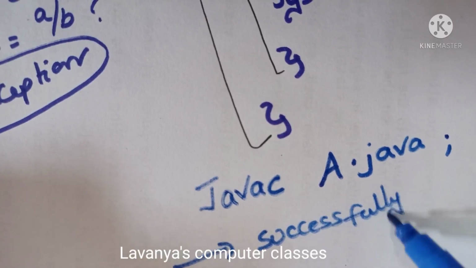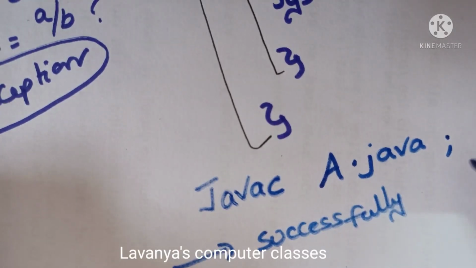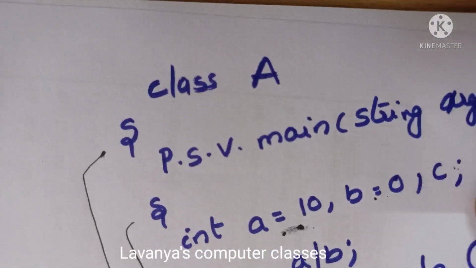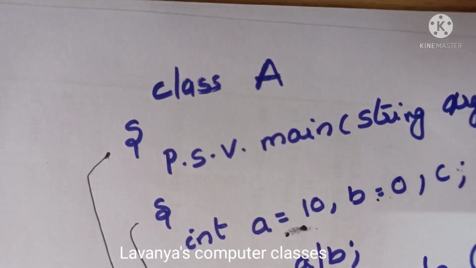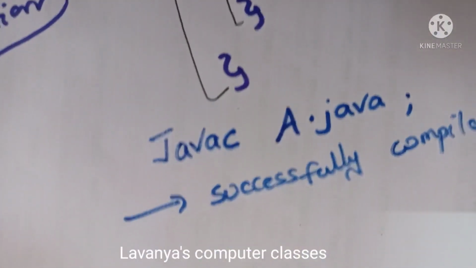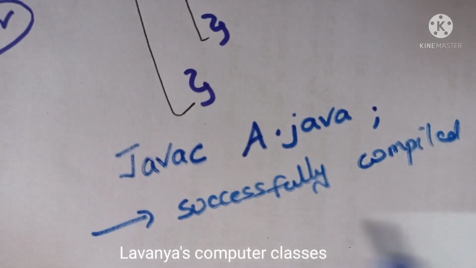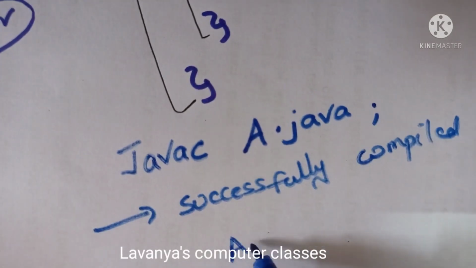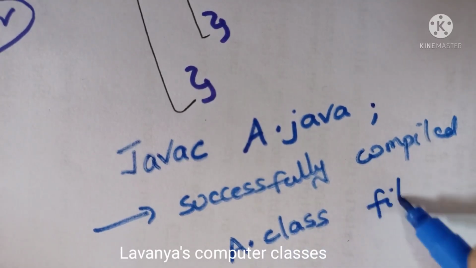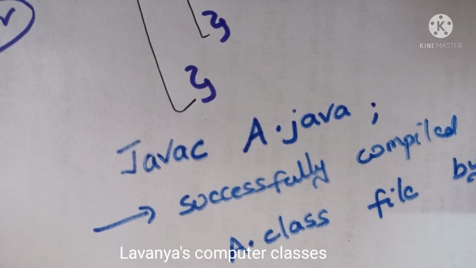Everything follows the formatting rules of the Java language. Each line ends with a semicolon, and I declared all the variables properly. Once successfully compiled, an A.class file is created, which is a bytecode file.